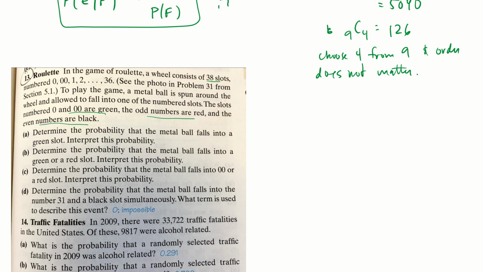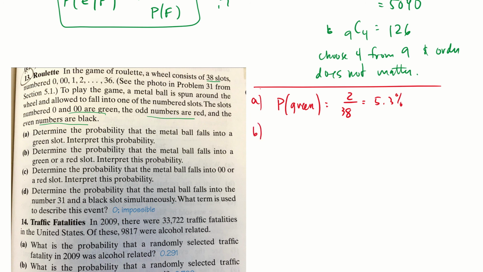So A, and always write out what you're doing. The probability that it falls into a green is 2 out of 38. So it's got a 5.3% chance of landing in the green.